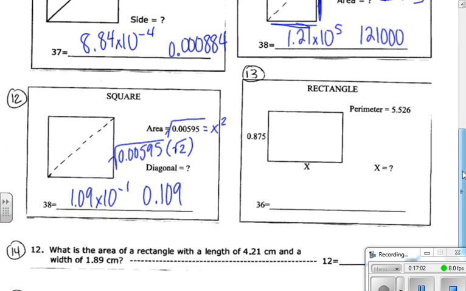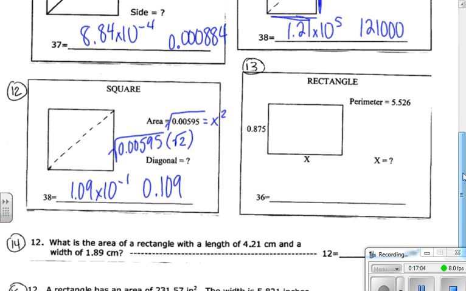Number 13, we're moving on to rectangles. We have a perimeter. We have the distance all the way around, and we want to find out what that missing side is. So remember, perimeter is equal to 2 times the sum of your two lengths. So the first thing we need to do is move the 2 to the other side. So instead of multiplying by 2, we have to do the opposite, and we're going to divide by 2.